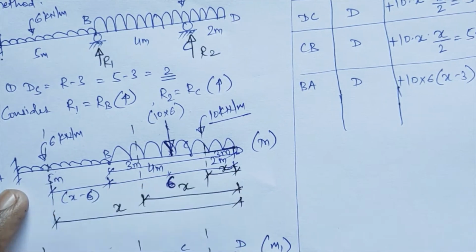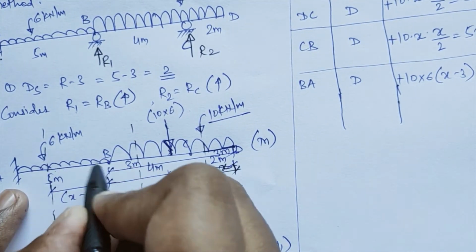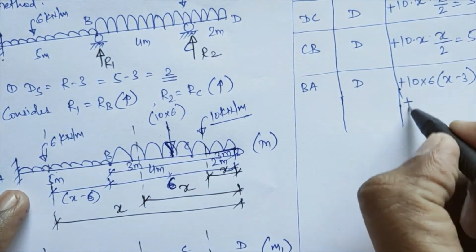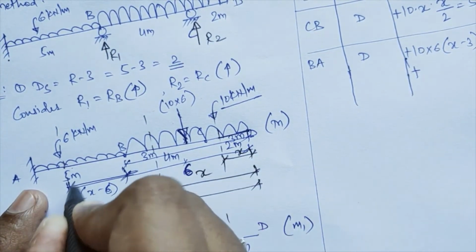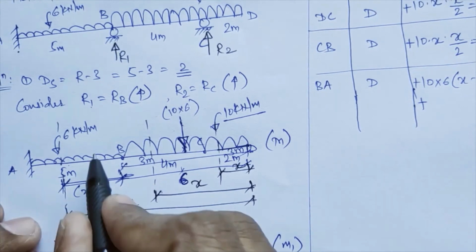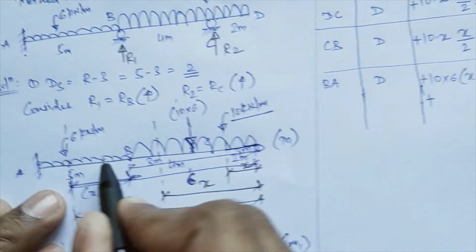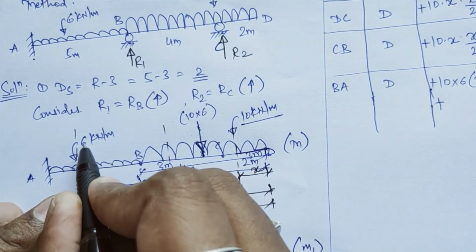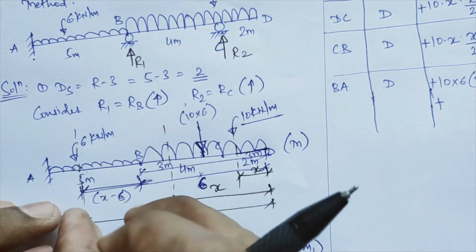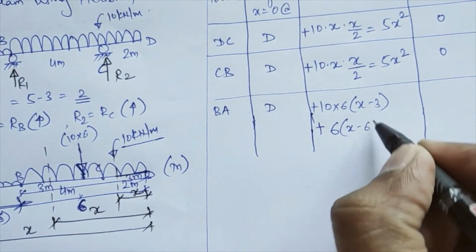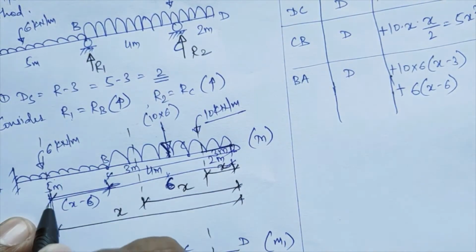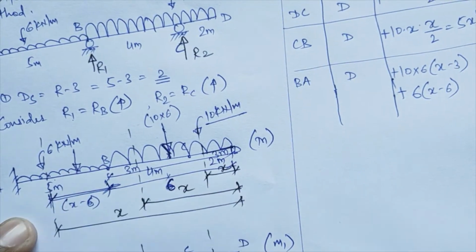Now you have to consider moment of the remaining UDL, that is 6 kilonewton per meter. So that moment will get added to this. The length here is x minus 6. You have to convert it into force intensity, which is UDL intensity multiplied by its acting length. So that comes 6 as my UDL intensity multiplied by acting length x minus 6, and this will act at the half of this x minus 6.